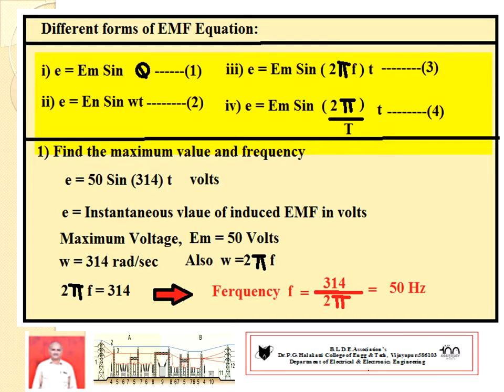Small e and small i are used to represent instantaneous alternating voltage and instantaneous alternating current. Remember, from today onwards, small e or small v means instantaneous alternating voltage, and in the same manner small i is instantaneous alternating current.